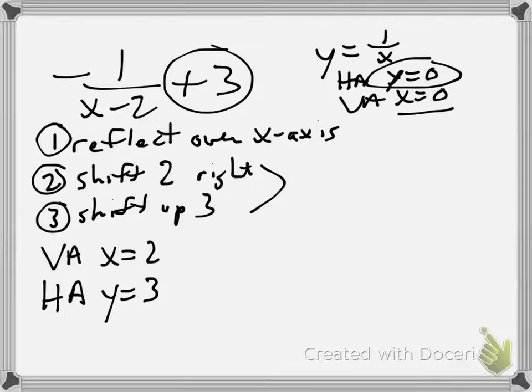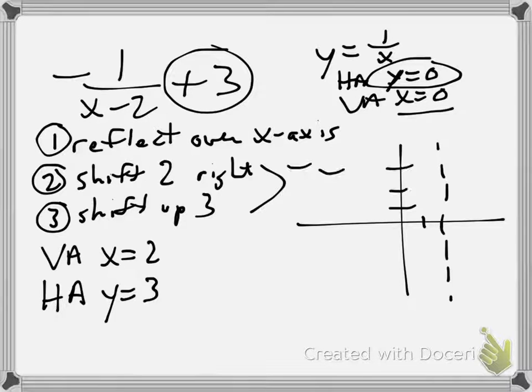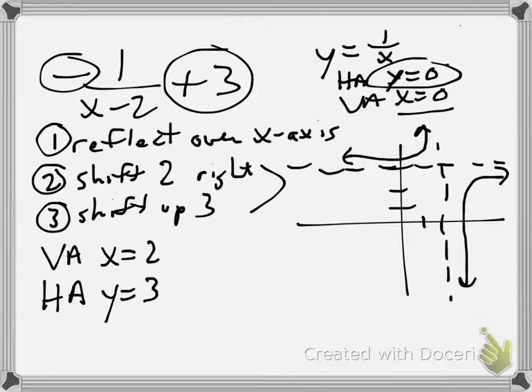So there's my horizontal asymptote. So when I graph this, here's my vertical asymptote, here's my horizontal asymptote. Now, remember, you guys know what the graph looks like for 1 over x. Well, it's flipped upside down because of that negative right there.